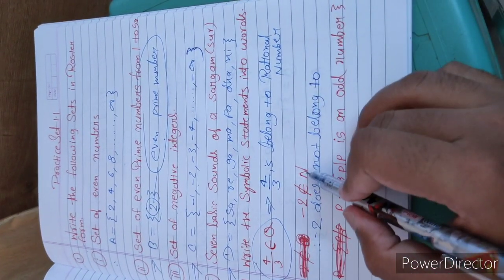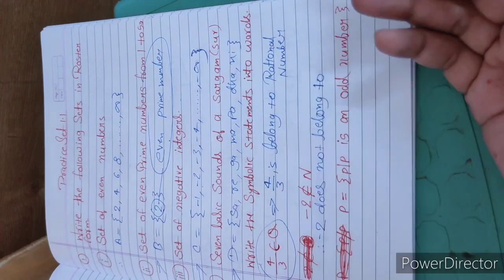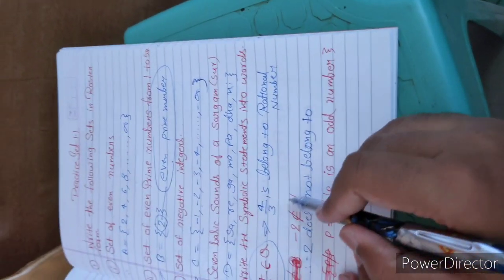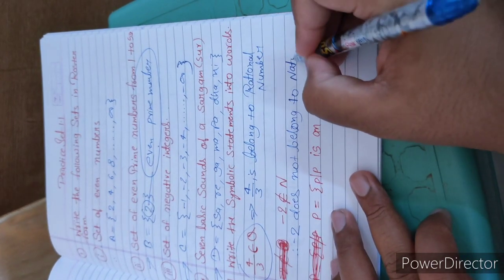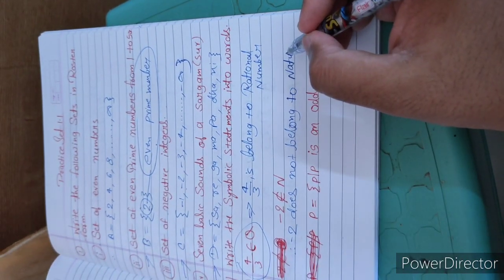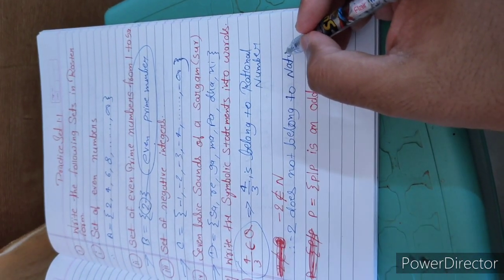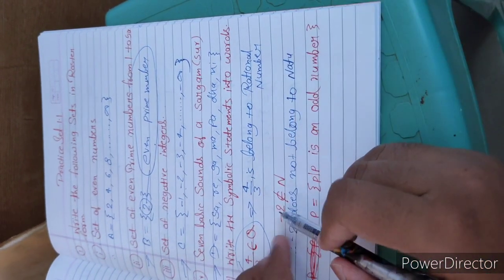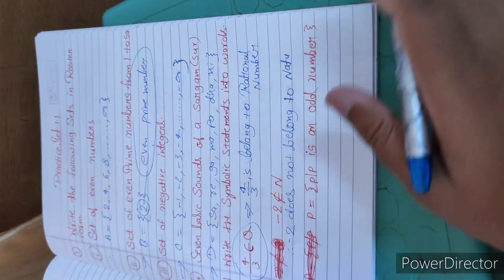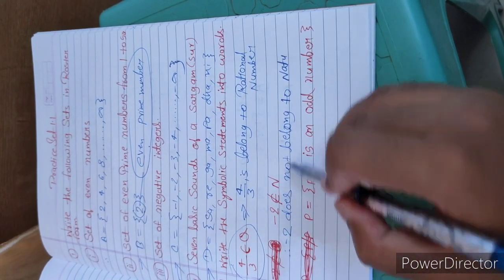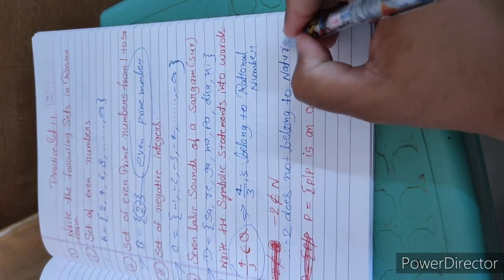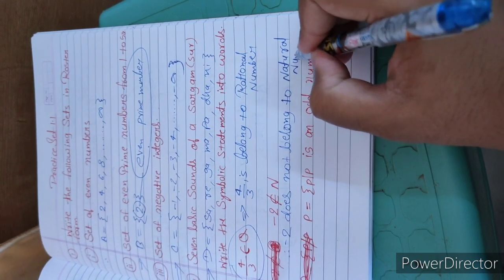And we know that N is the set of natural numbers. -2 does not belong to natural numbers. As we know, natural numbers start from 1, and all natural numbers are positive numbers. Here we have been given -2, so -2 does not belong to the natural numbers.